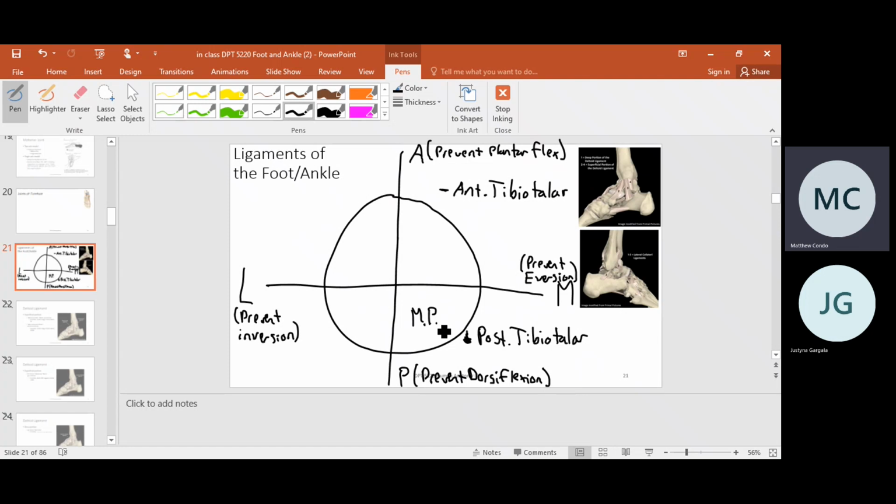If I'm in quadrant medial anterior, I'm going to prevent plantar flexion and eversion. My tibio navicular is going to sit over here as well. And then down here in the posterior compartment, tibial calcaneal.